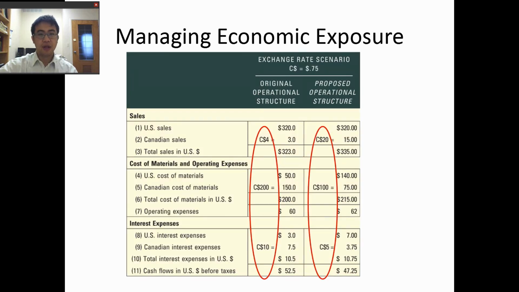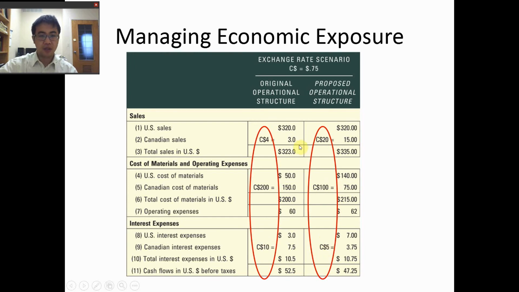Okay, and right here we have a comparison of the proposed structure I just mentioned. So right here in this column, you have the proposed structure. So Canadian dollar sales is increased from the original structure, which is in this column. The original sales was 4 Canadian dollar, it raised to 20, and the cost was 200 Canadian dollar, now it reduced to 100, and the interest expense was 10 Canadian dollar, now it's reduced to 5.